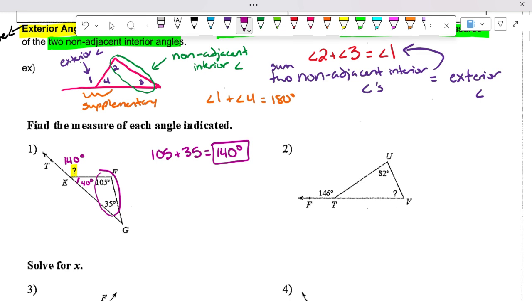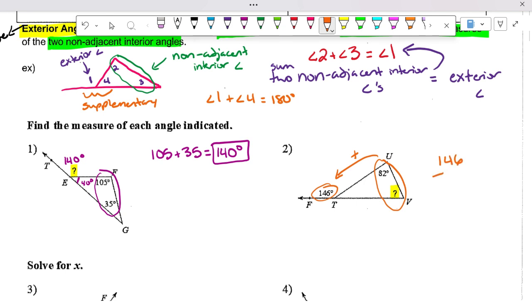Now, what happens if you're trying to find one of the interior angles and they give you the exterior? Right. So these two angles still add up to this angle. So in other words, I would take that exterior angle and do what?